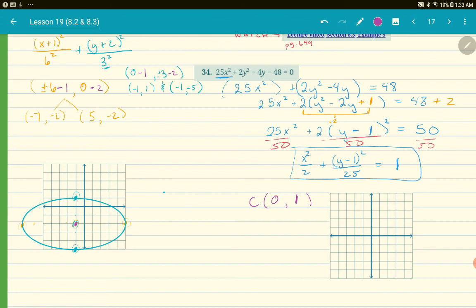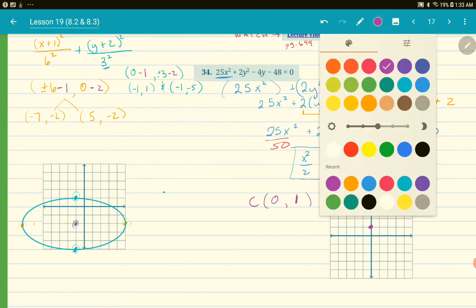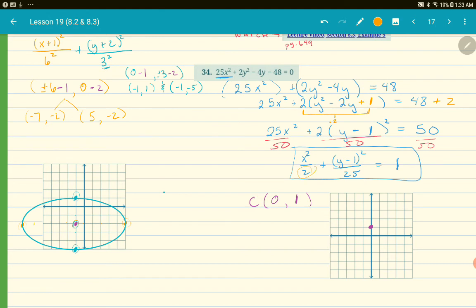So (0, 1). And then in the x direction, I take the square root of whatever's under the x squared. So that's the square root of 2, that's about 1.3. And in the x direction, I go right 1.3 and left 1.3. Or 1.4, sorry.